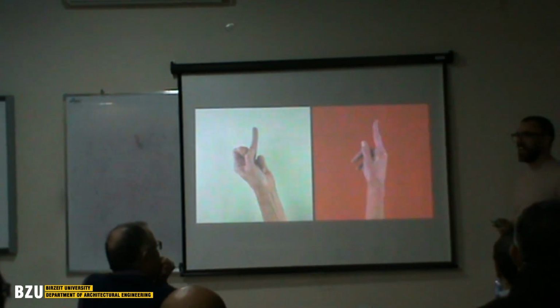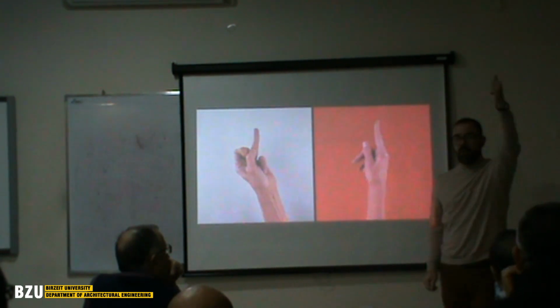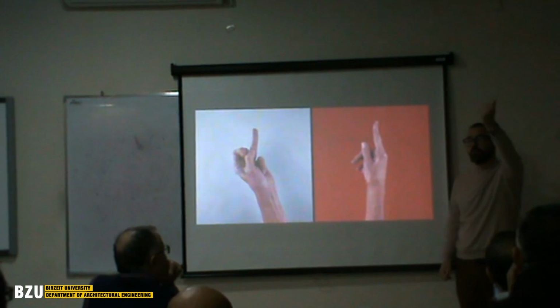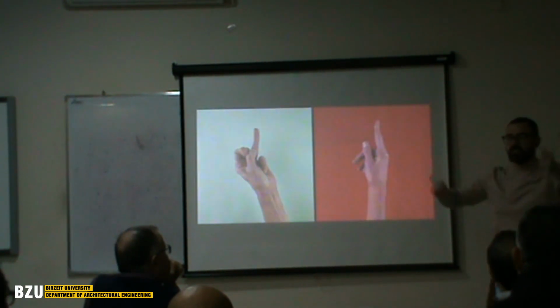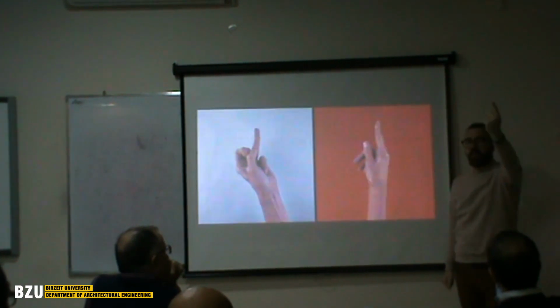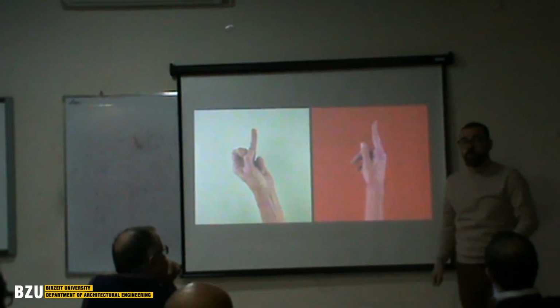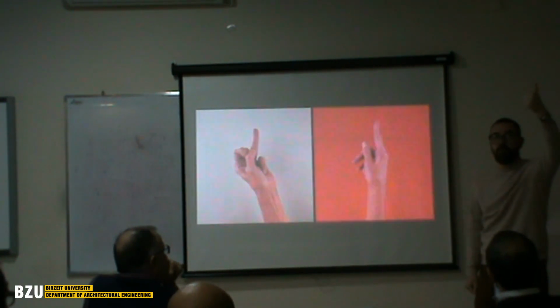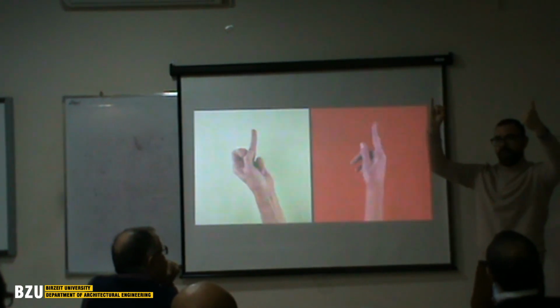Anyway, so this is how it works. I'm going to show you very quickly. All the possible letters are on the left hand, and then you choose which one by the right hand. So A, B, C, D, and E would be on the thumb. F, G, H, I, J, and so on. So if I want A, it would be the thumb, and then A, or B, or C, D, E. Are you with me?